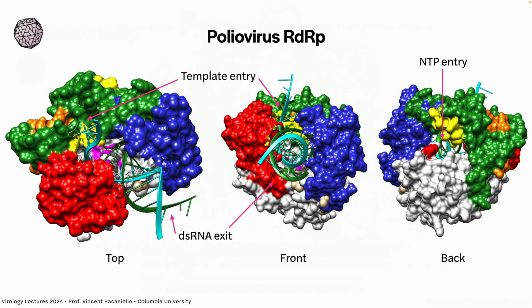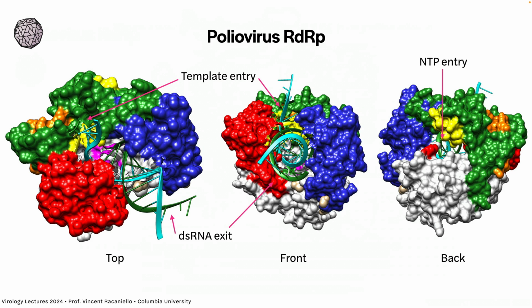The template enters on one side of the molecule. Here's a top view of the polymerase. We're looking down, and we've removed some amino acids in the front so you can see inside. The RNA comes down the top and passes over the active site. It comes in single-stranded, and then it's made double-stranded, and then the double-stranded RNA exits.